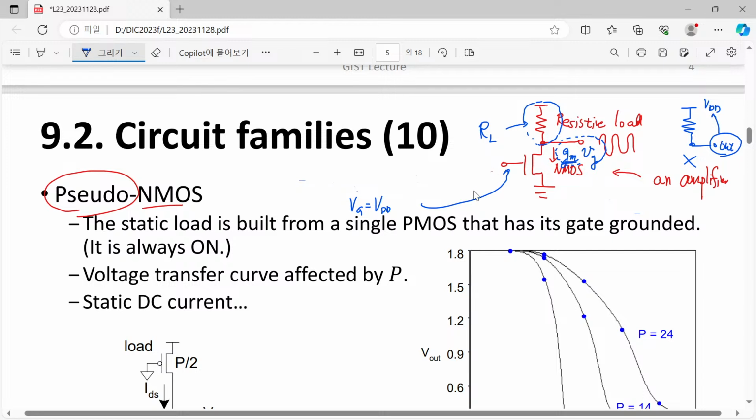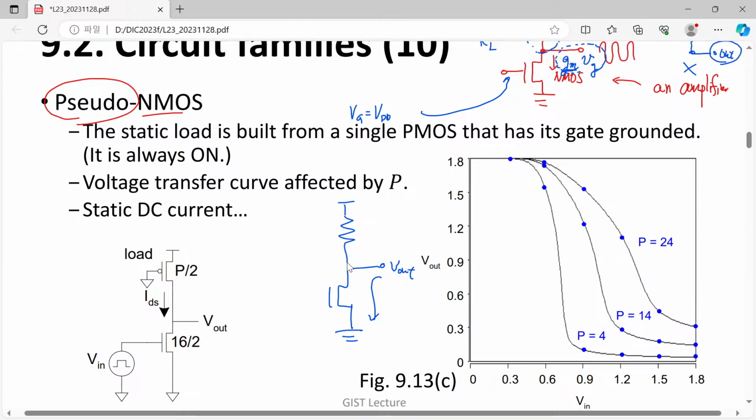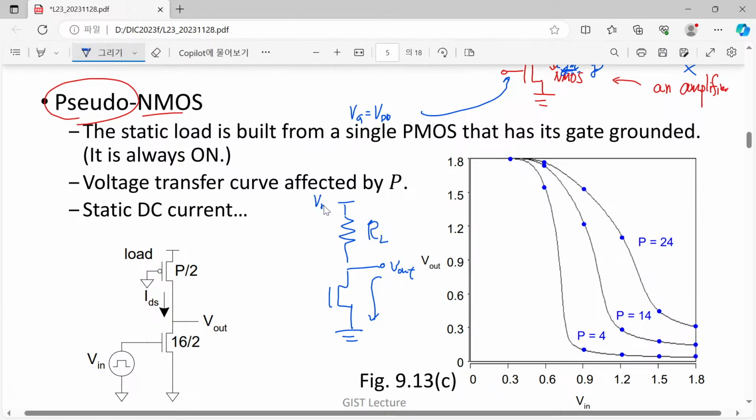So the point is, now we have the transistor fully turned on. It tries to drive the output voltage into ground. However, there is a certain counterbalancing reaction like RL. It also tries to charge this Vout voltage using VDD. If our MOSFET is really powerful, then what will happen?